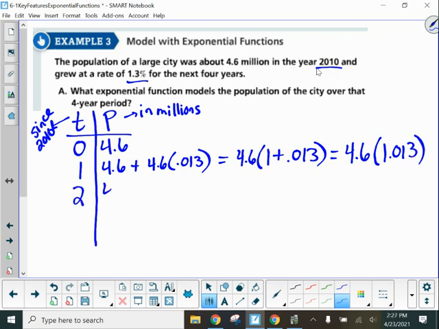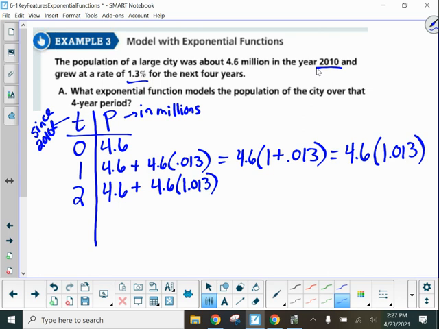Now, if I look at 2, that's 4.6 plus 1.3% of my total population, which is 1.3% of what I had previously. What I had previously was 4.6 times 1.013, so I need to both have that number and add it back on.